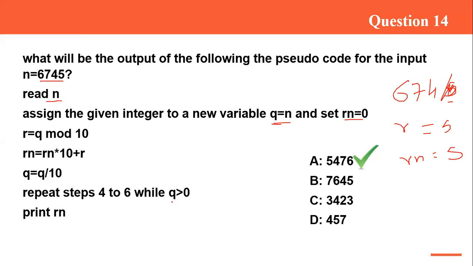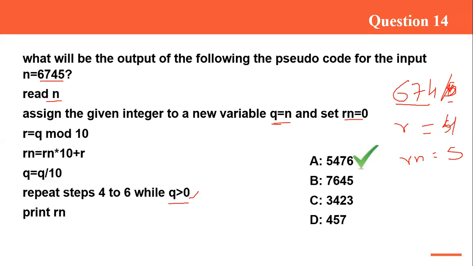674 greater than 0. Is it true? Yes. As it is true, we'll do these steps again. R equal to Q mod 10. R means the remainder is equal to Q mod 10. Q is 674 mod 10. What is 674 mod 10? 4, the last digit.